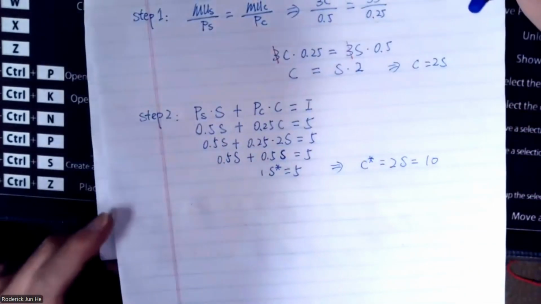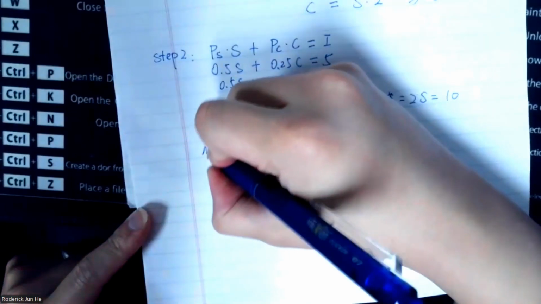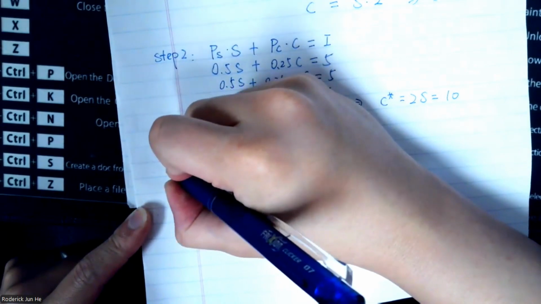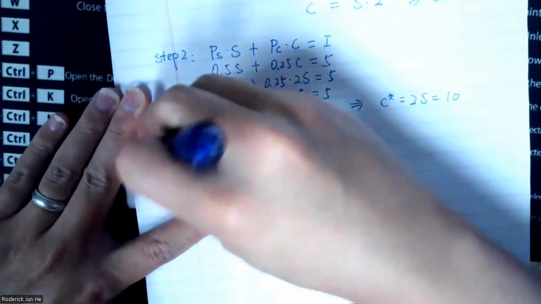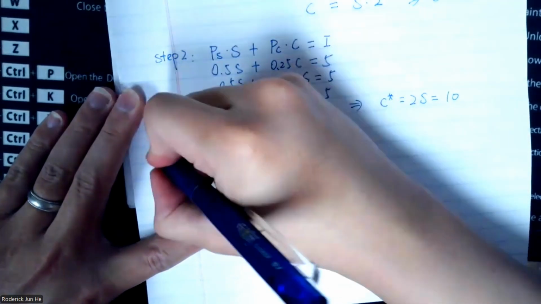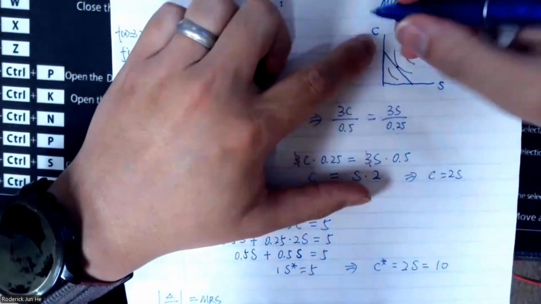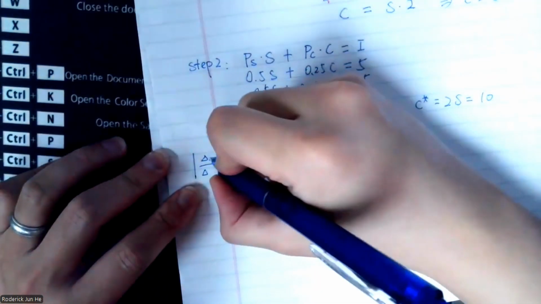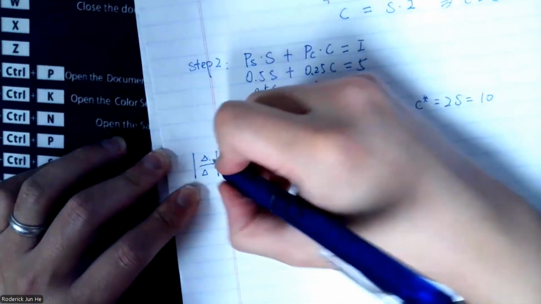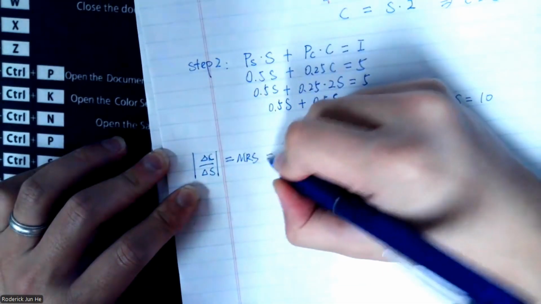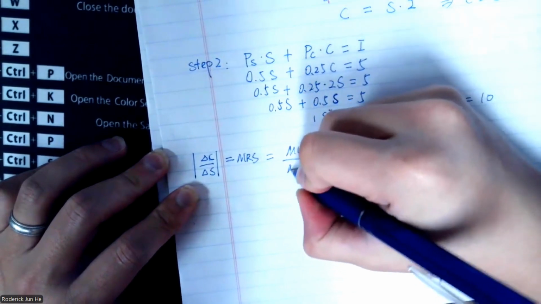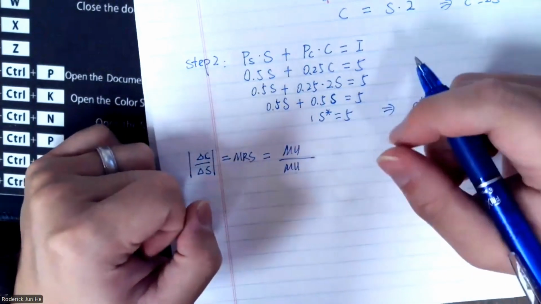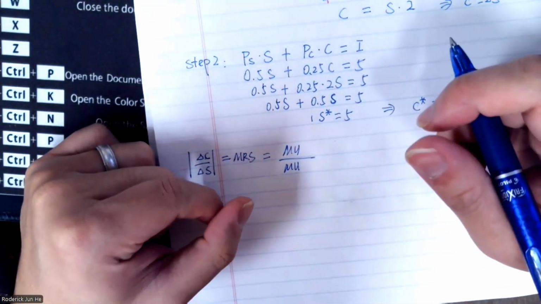And if you were to go through the marginal rate of substitution, you may think, oh, marginal rate of substitution is the slope, the absolute value of the slope. And here, C is Y, S is X, and that slope will be delta Y over delta X, in this case, delta C over delta S. But then you need to memorize for those marginal rate of substitution being the quotient of marginal utilities of those two goods.